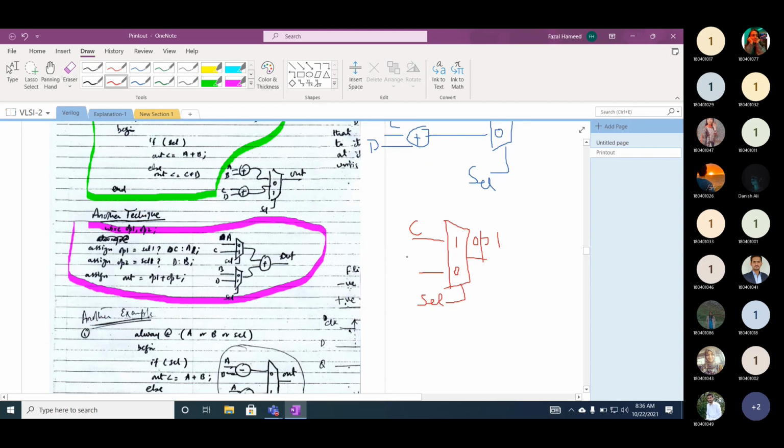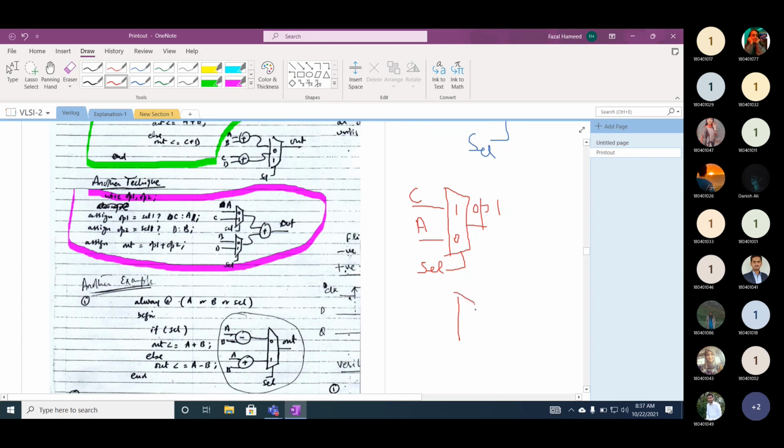If you look at the first one, op1, sel1: if sel1 is true, C will go. If it's false, A. And now again, op2 will also depend on the signal sel. If sel is true, if sel is false, B. And then assign out is equal to op1 plus op2.